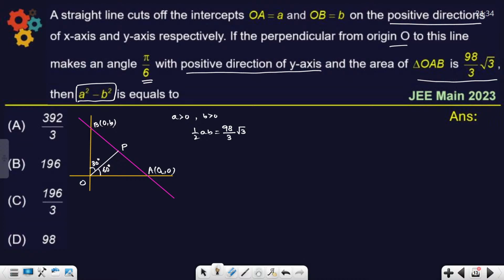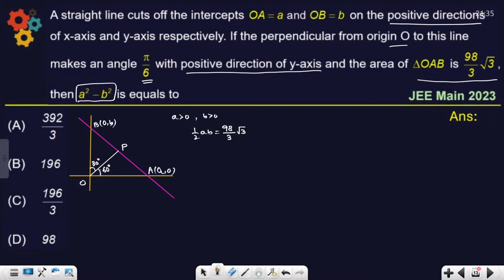So how to do it? See this one. The area of the triangle OAB is 98 by (3 root 3). Right?